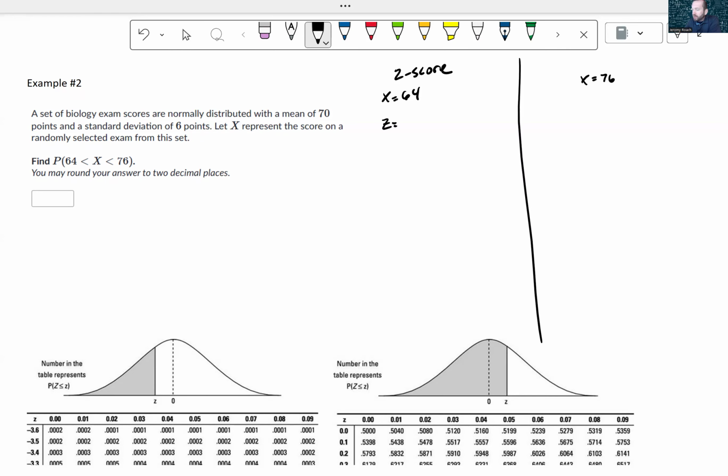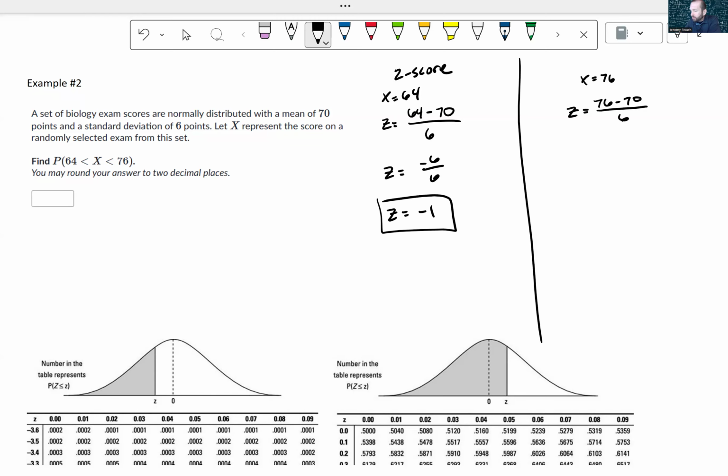So z is going to be equal to x, which is 64, minus the average, 70, over the standard deviation, 6. And for this one it would be 76 minus 70 over 6. So now we get negative 6 over 6, and z equals negative 1 for when x is equal to 64.